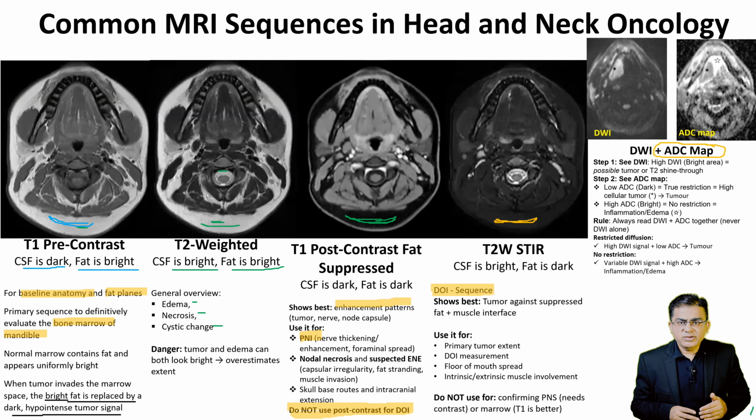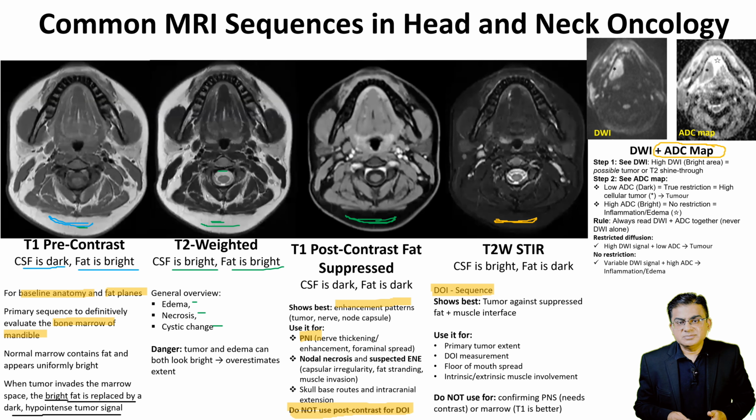Why do we need DWI ADC when we already have other sequences? Because T2 fat saturated and STIR sequences and post contrast sequences can overestimate tumor. In T2 fat sat STIR, tumor and edema can both look bright. In post contrast, tumor and inflammation can both enhance.